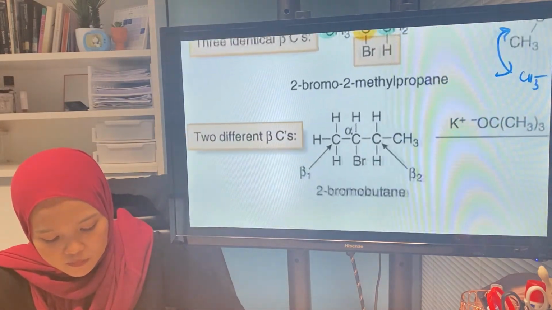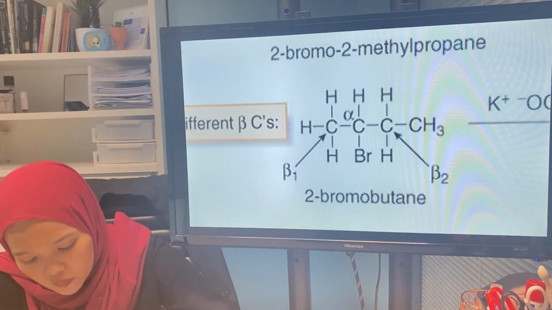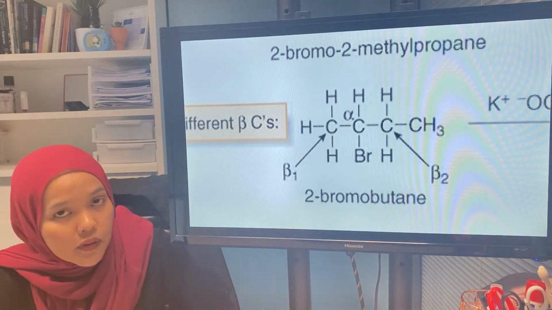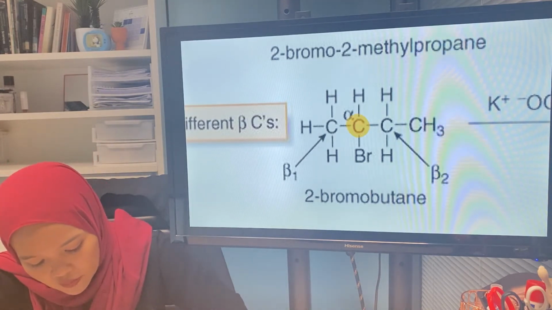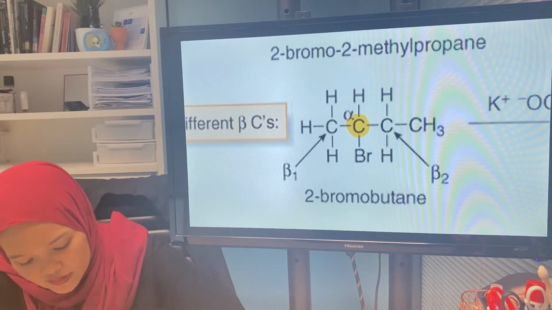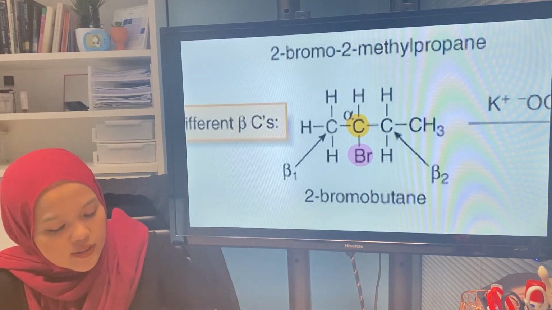Look at this one. Where is your alpha carbon? So this is your alpha carbon. Why is this alpha carbon? Because this is where our halogen is being attached.